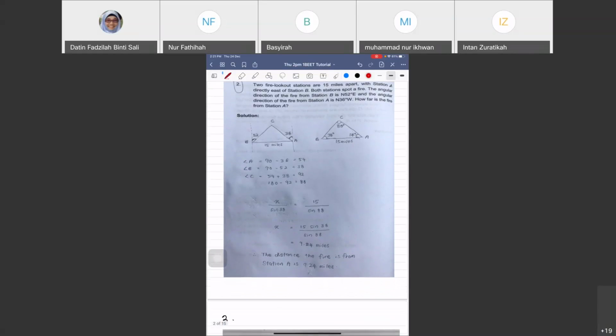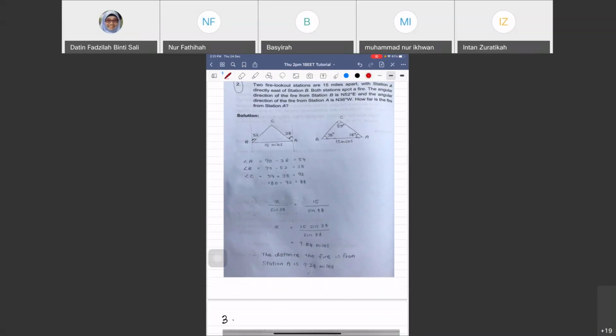Also you are not given a diagram, so it's about two stations A and B. Two fire lookout stations are 15 miles apart with station A directly east of station B. Both stations spot a fire.